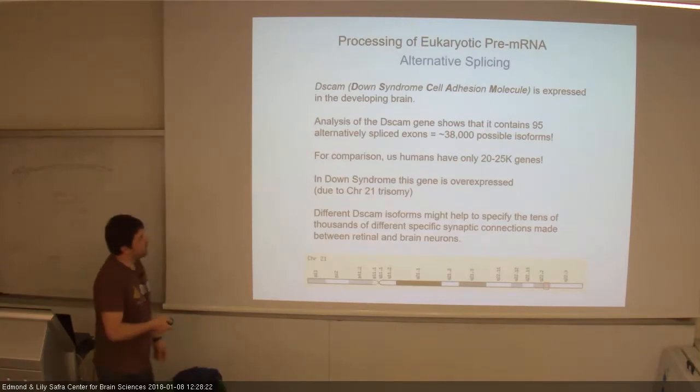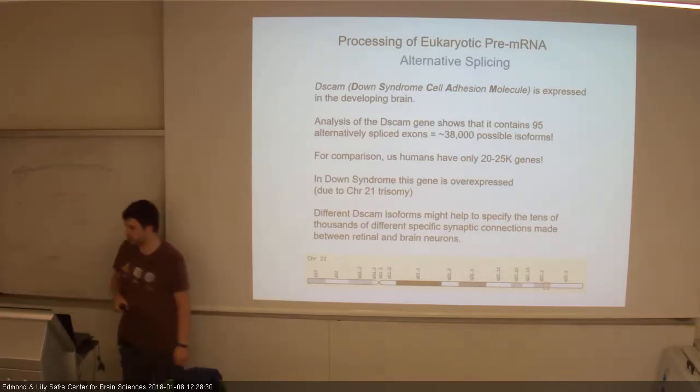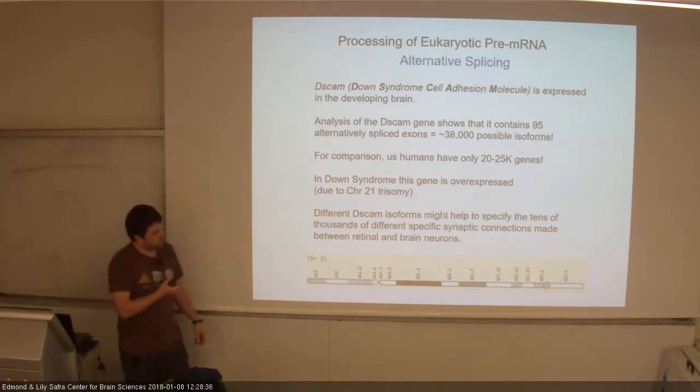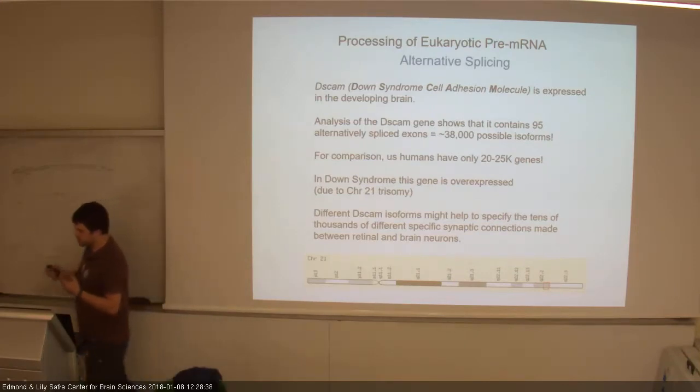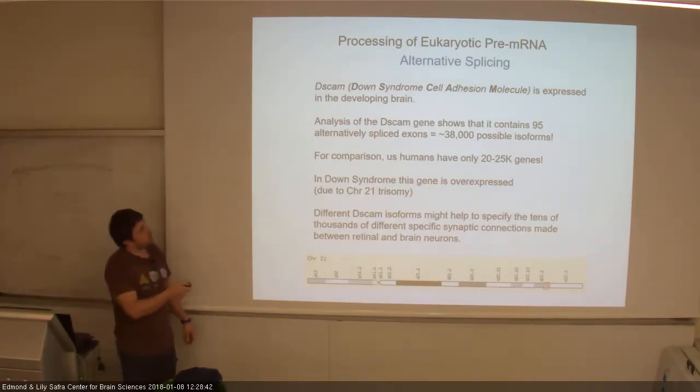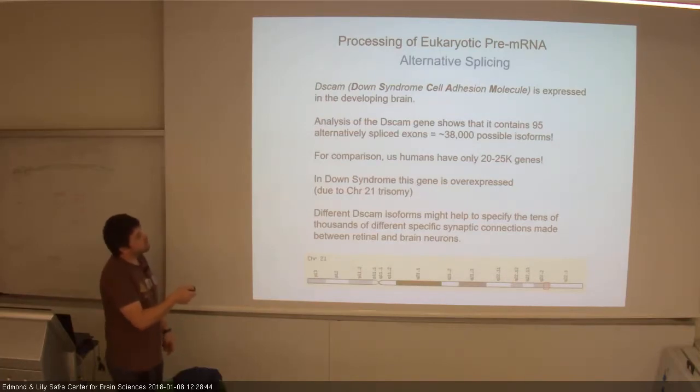In Down syndrome, where this gene was discovered, it's overexpressed because it's located on chromosome 21, which is the trisomy in Down syndrome. It's believed that this protein might be very important for connection, which is why it's called a cell adhesion molecule.